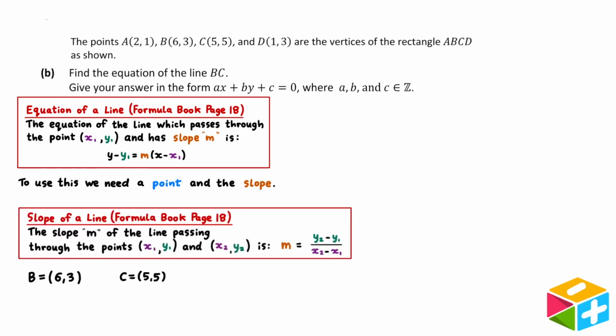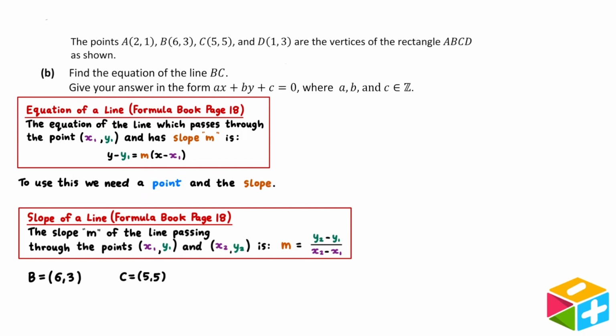There's another useful formula on page 18 of our formula book which will allow us to find the slope of a line. It says that the slope m of the line passing through the points (x1, y1) and (x2, y2) is m = (y2 minus y1) over (x2 minus x1).